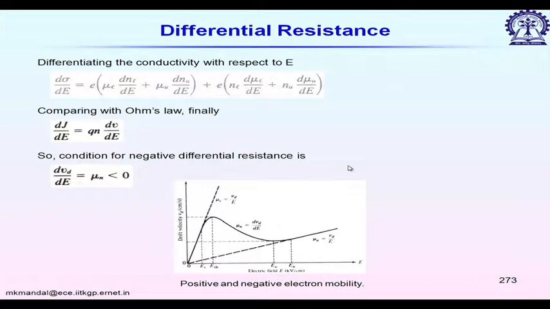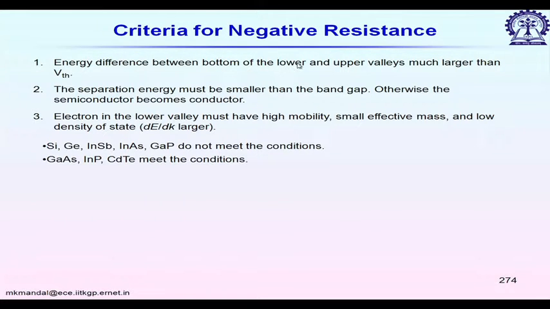these two different valleys. So, criteria for negative resistance, we can generalize: energy difference between bottom of the lower and upper valleys must be much larger than the thermal energy, with the threshold value V TH. The separation energy must be smaller than the band gap, otherwise the semiconductor becomes a conductor, and electron in the lower valley must have high mobility, small effective mass, and low density of state.